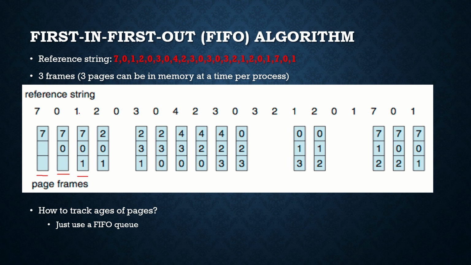When the coming page is not there in the memory, you have to mark a page fault. In the exam also they will give this type of string and you have to find out how many page faults occur. You have to show it by drawing these instances and marking each page fault, so that at the end you can easily find out how many page faults occur.